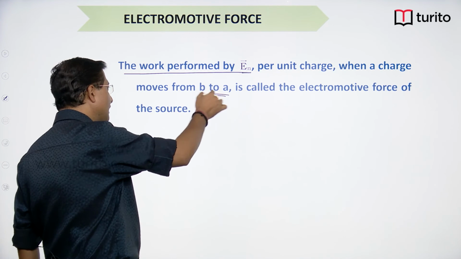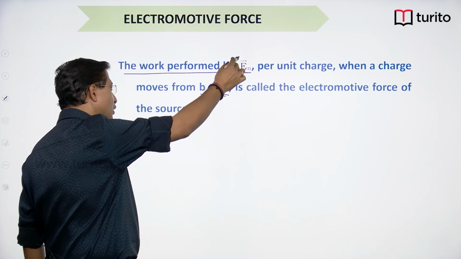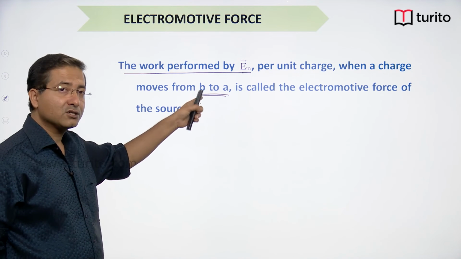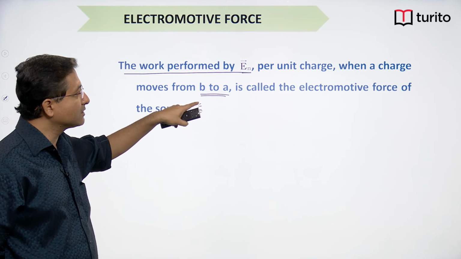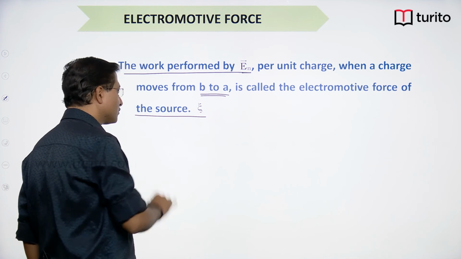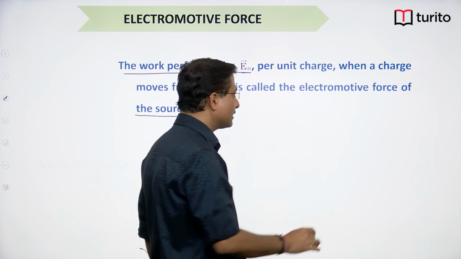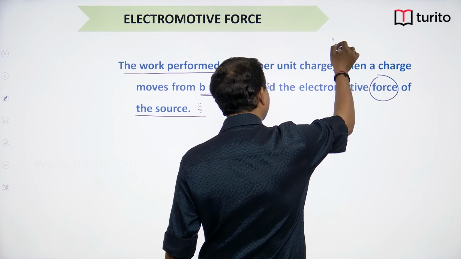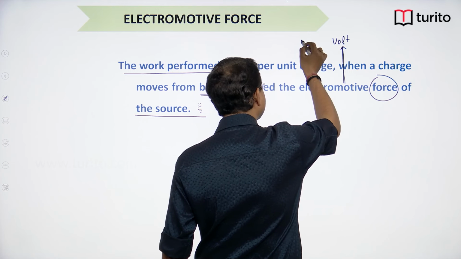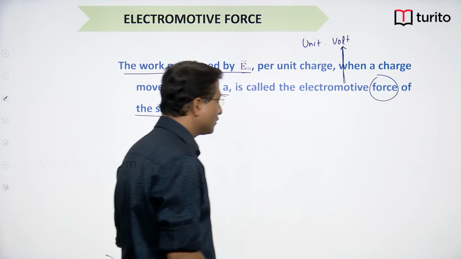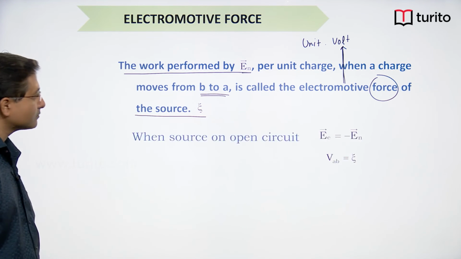How much work is done by this non-electrostatic field per unit charge is called the electromotive force of the source. Though we are writing force here, its unit is volt. So the unit of electromotive force is volt, right.